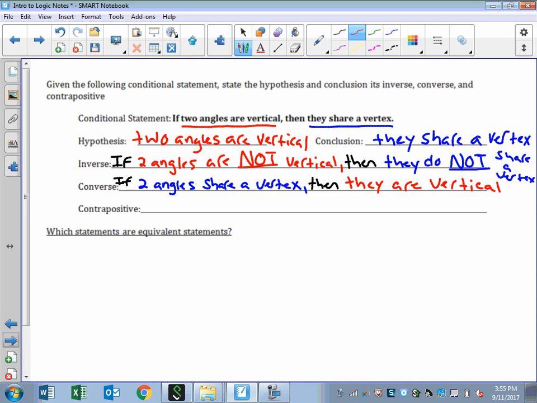And lastly, we have the contrapositive. We're going to switch Q and P, and then we're going to negate them, so we're going to add a not in front of each.